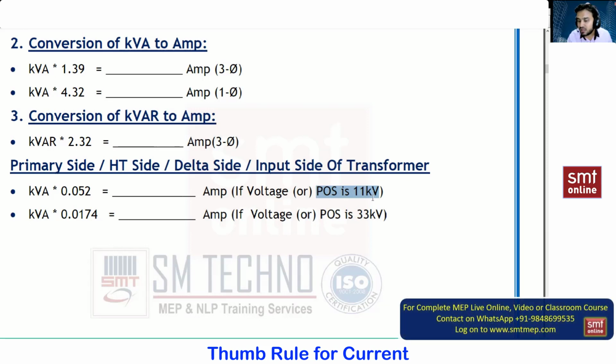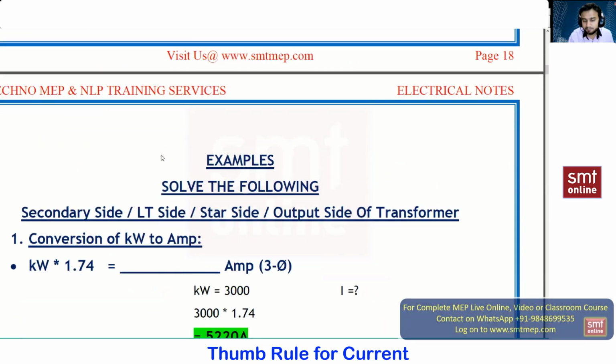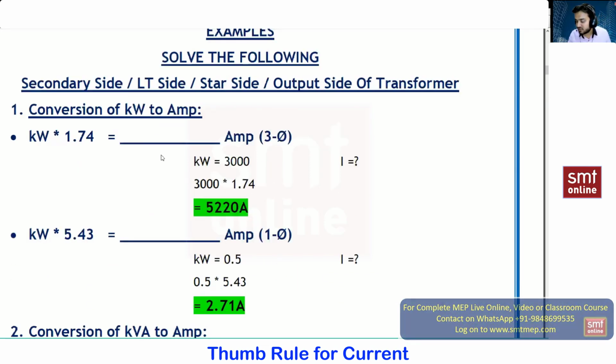So if you have a point of supply of 11 kV, the multiplying factor will be 0.052. If you have a point of supply of 33 kV, the multiplying factor is 0.0174.